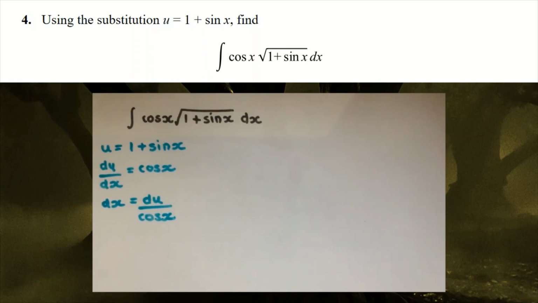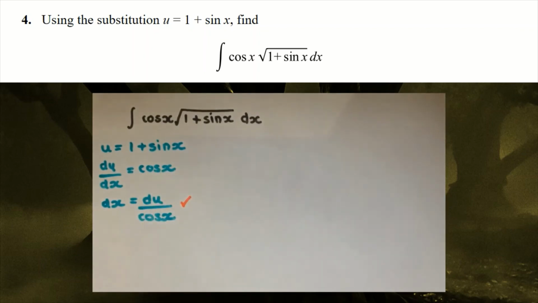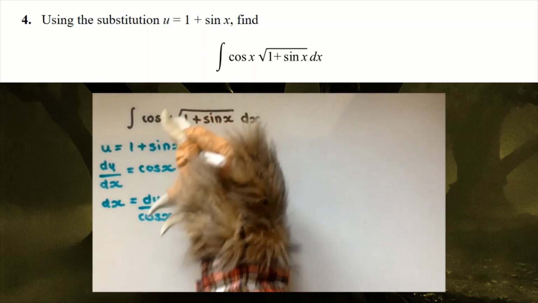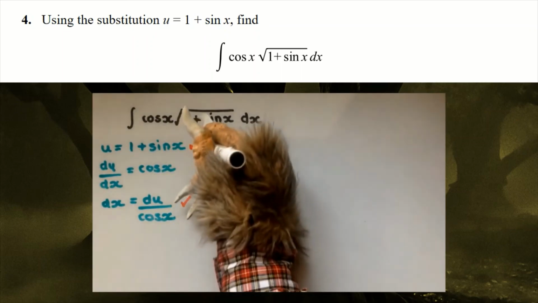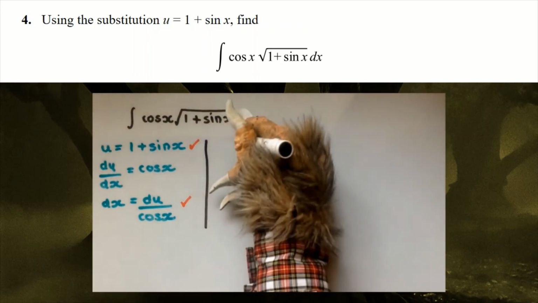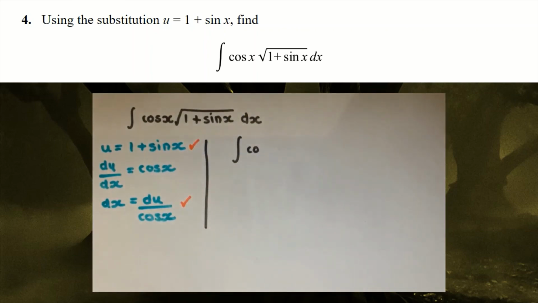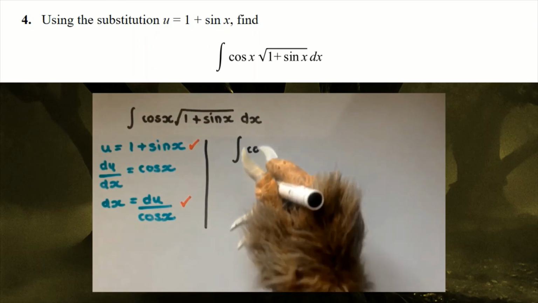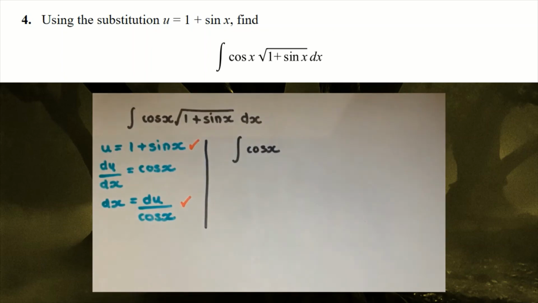And these are the ingredients that we're going to use. We're going to use this because we've just taken the time to do that. That's going to be useful, and the substitution itself is also going to be useful here. I'm going to partition this off, and then we're going to sub everything into the integrand. So the integral of cos x, nothing to substitute there, really.